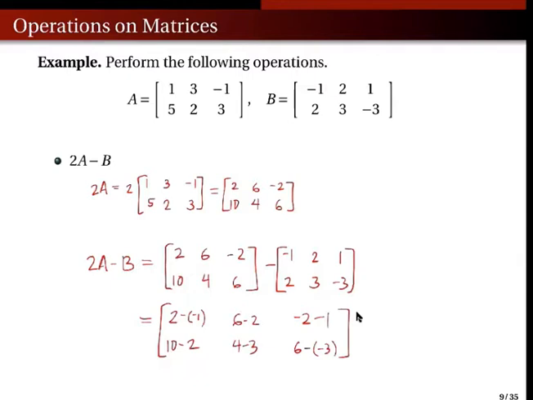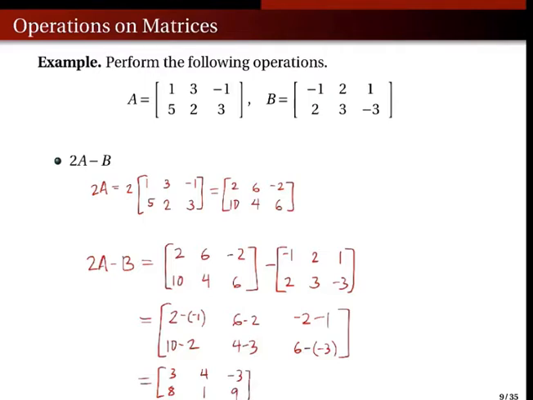And then you just simplify everything here to obtain, so 2 minus negative 1, that's positive 3. 6 minus 2, that's 4. Negative 2 minus 1, that's negative 3. 10 minus 2, that's 8. 4 minus 3, that's 1. 6 minus negative 3, that's positive 9.